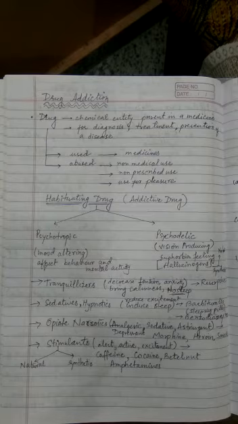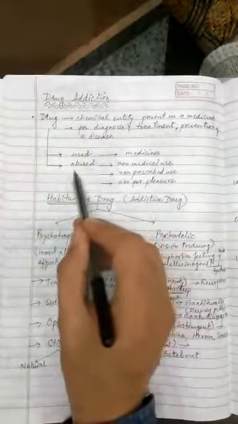So whenever it is used in the medical field, it is called drug use. But once it becomes a non-medical use of a drug, a non-prescribed use of a drug, or the use is made for pleasure, then it is not called drug use, but it is called drug abuse.